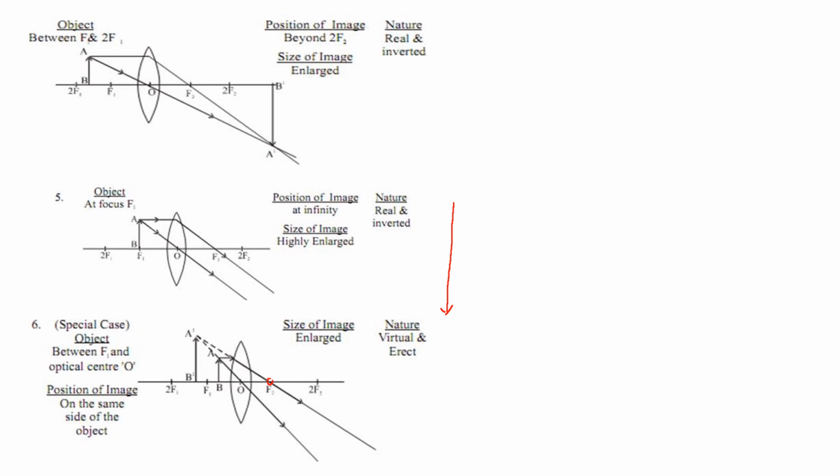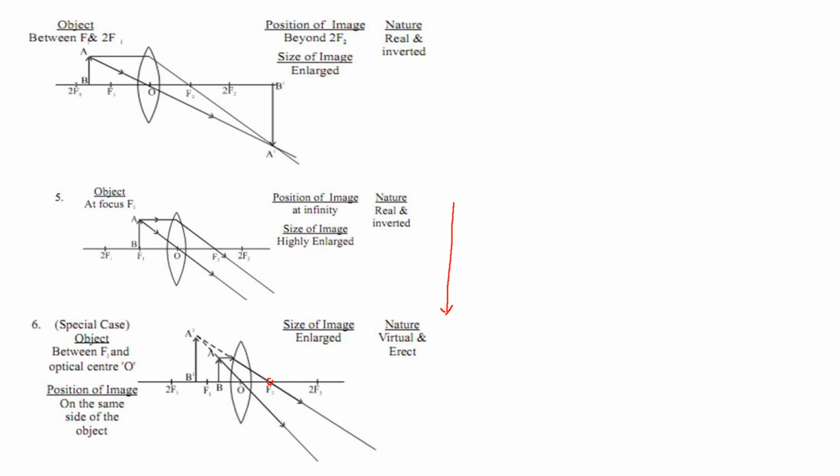That means they cannot be taken on the screen. These images cannot be formed on the screen. So a virtual and erect image is formed, and it is enlarged. Where is it forming? It is forming between the center of curvature and the first focus, right?